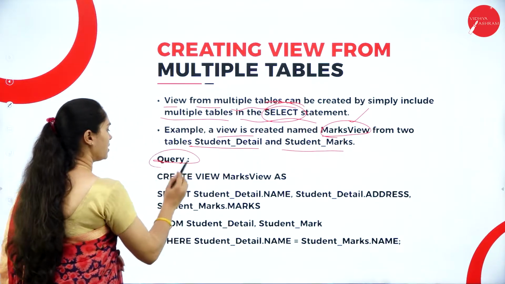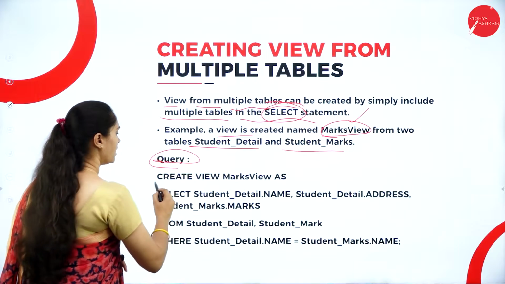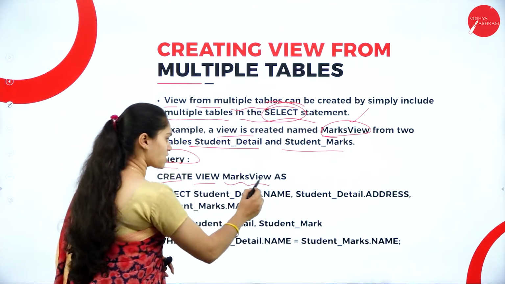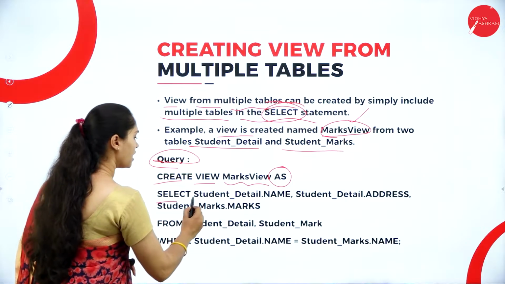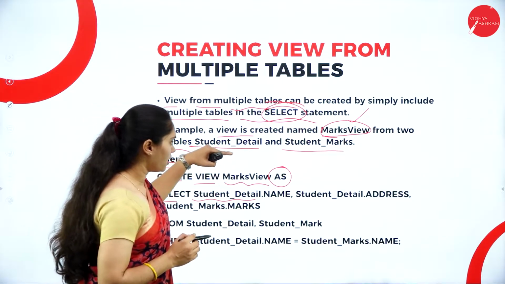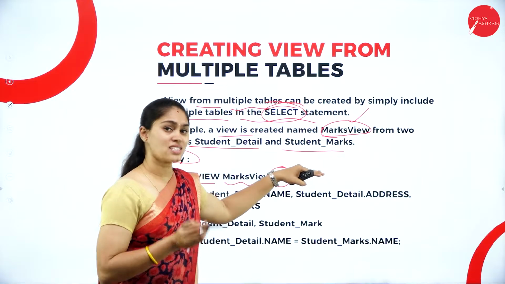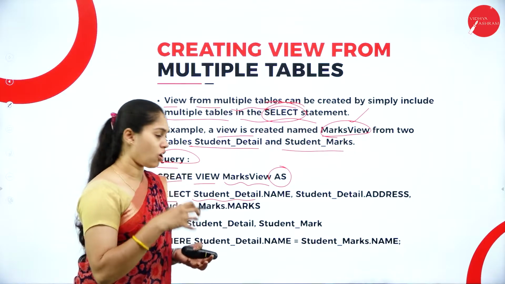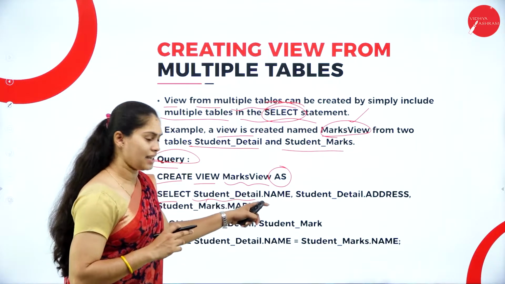So how will the query for that be? You can see create view. I am creating a virtual table called marks view as select student detail dot name. Why? Because in the student detail as well as in the student marks, we have name. So I want to fetch the name column from the student detail, right?